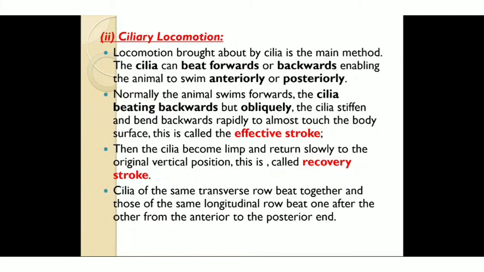The cilia stiffen and bend backward rapidly so that they almost touch the body surface. When the cilia go backward from anterior to posterior, it is called the effective stroke.